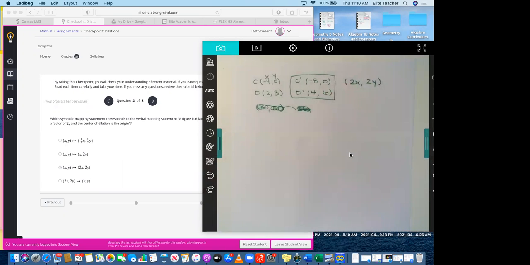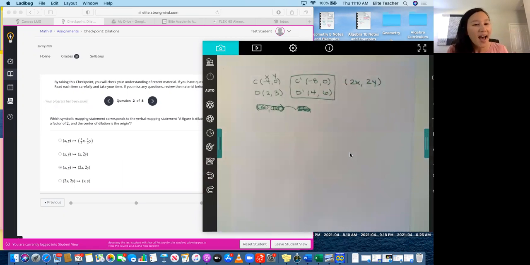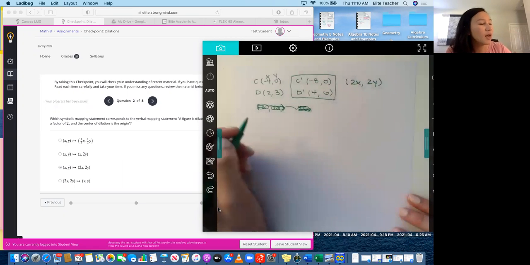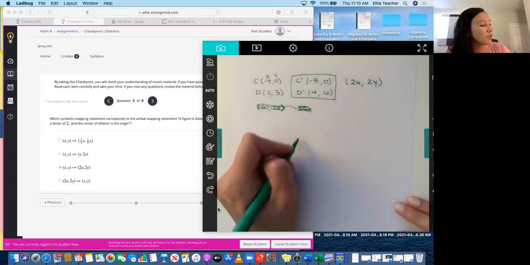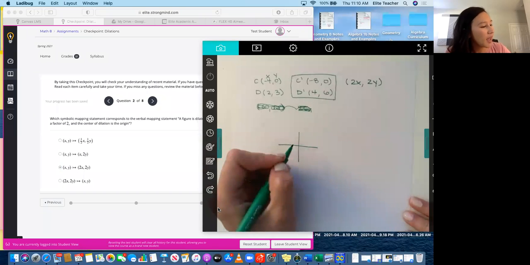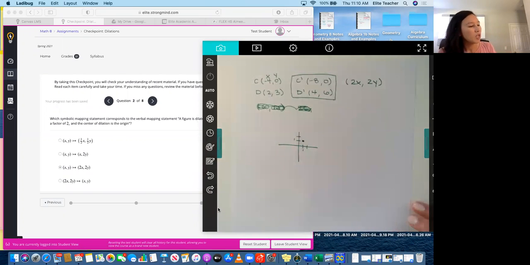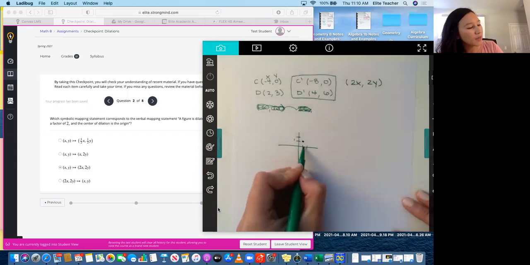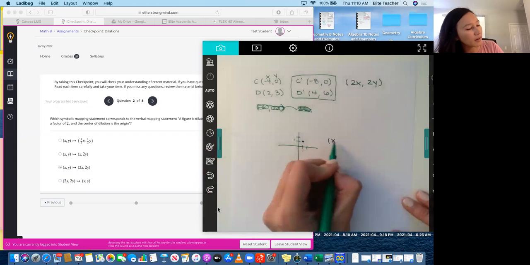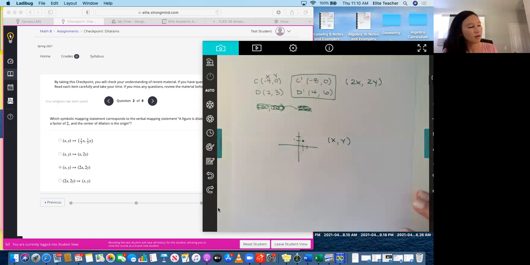Let's sketch a graph. Let's say we are at 1, 1. So our X value is 1 and our Y value is 1, and we want to dilate this point.